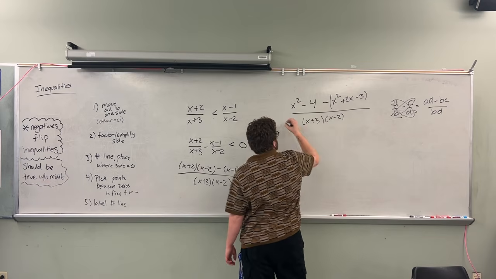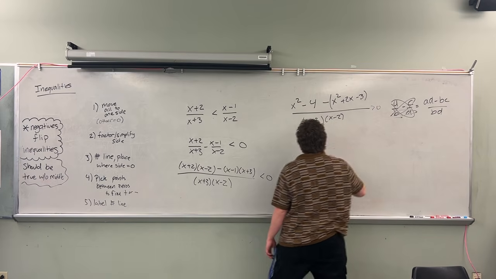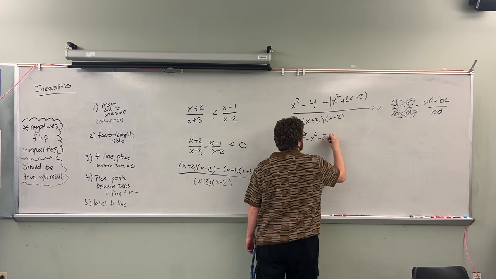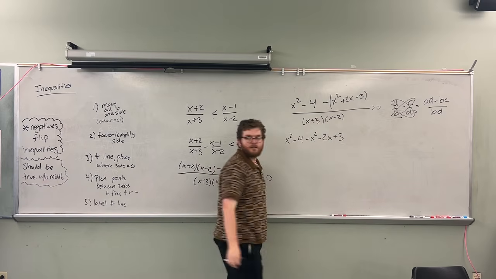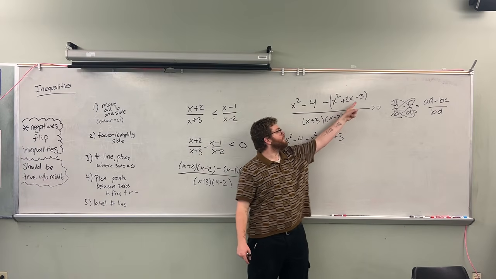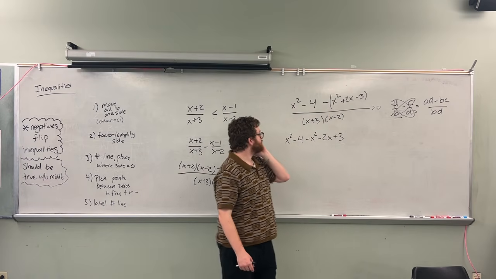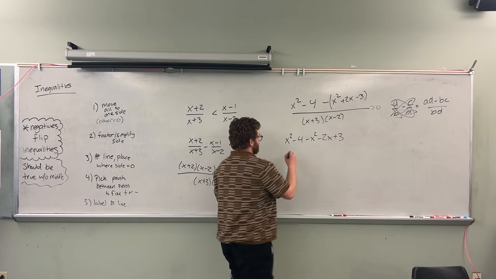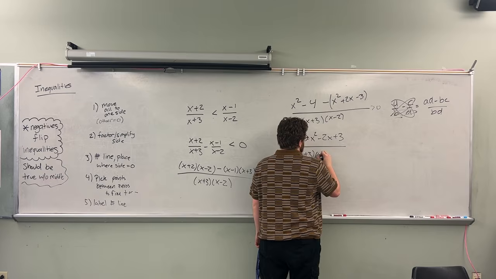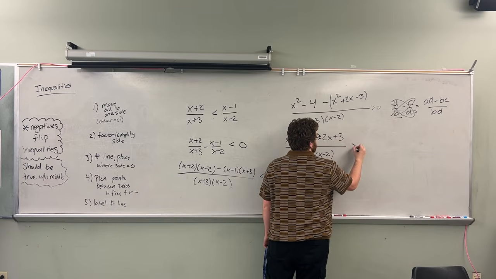I'm going to further simplify this, so this is still greater than 0. That's x squared minus 4 minus x squared minus 2x plus 3. So all I did was distribute this minus sign into these parentheses here. I'm still not touching the bottom. x plus 3 and x minus 2 greater than 0.